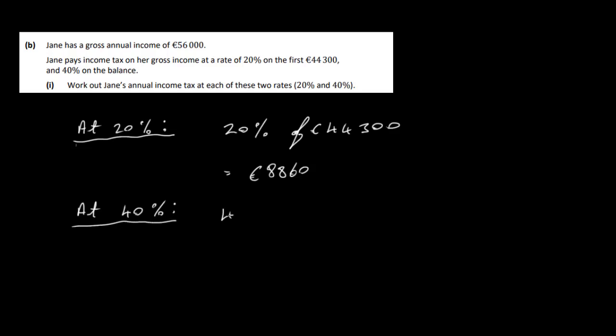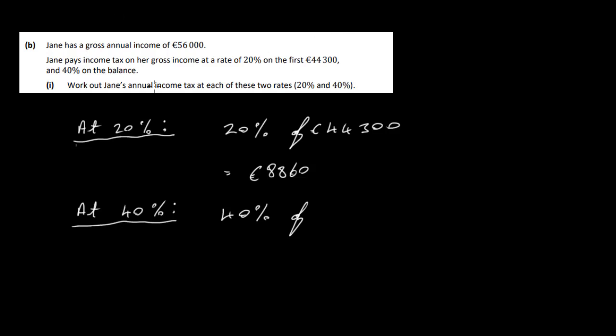you've got to get 40% of the balance. So the balance would be the difference between her gross annual income and 44,300. So you've got to subtract these two here. So if you take 56,000, subtract 44,300, you get 11,700 euros.